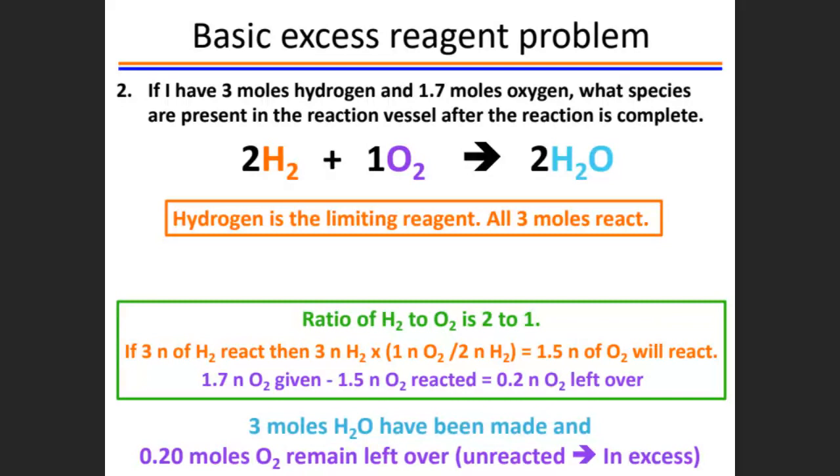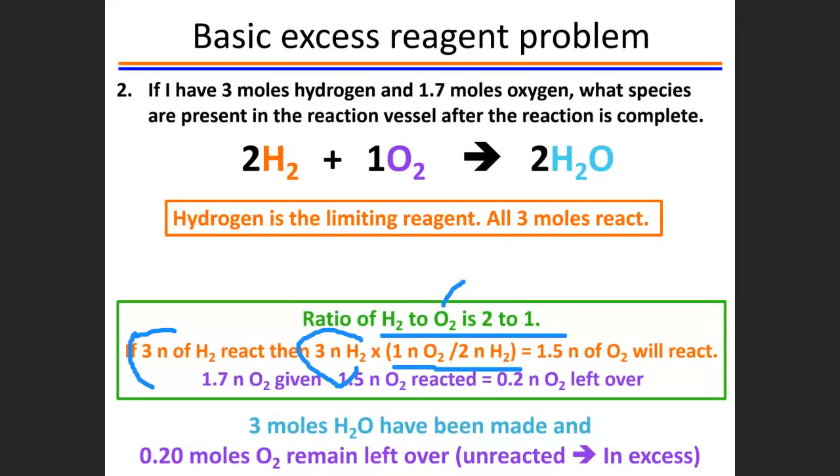Yes, the ratio of hydrogen and oxygen is 2:1. So if 3 mole hydrogen react, we have to put the ratio of oxygen and hydrogen, because we have to find out the oxygen, since we have the excess oxygen.